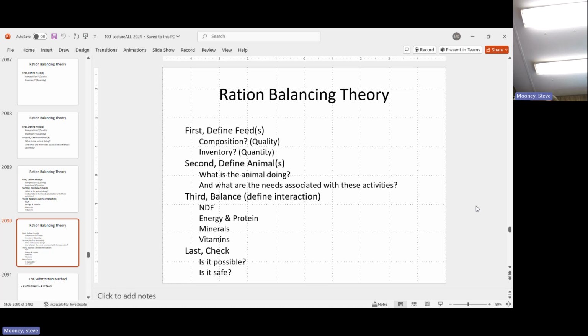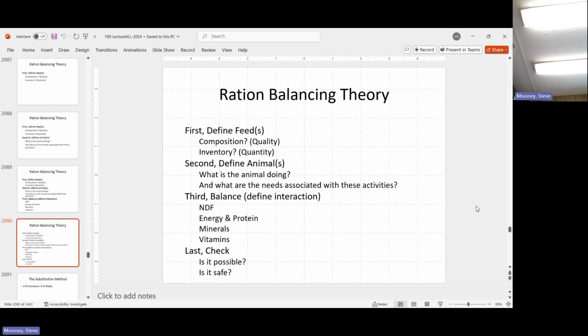And the last thing we'll have to do is check to make sure it's safe. Just because it balances out on paper doesn't mean it's going to be healthy for the animal. You may balance something out, says feed 30 pounds of distillers. That's not going to work. She's going to have a screwed up rumen. She's going to have milk fat depression. It's not going to work.